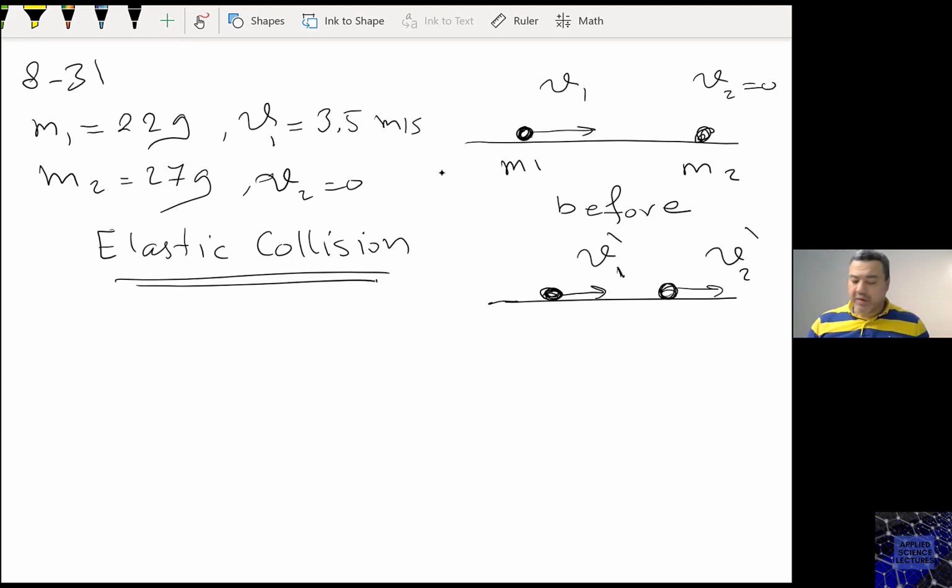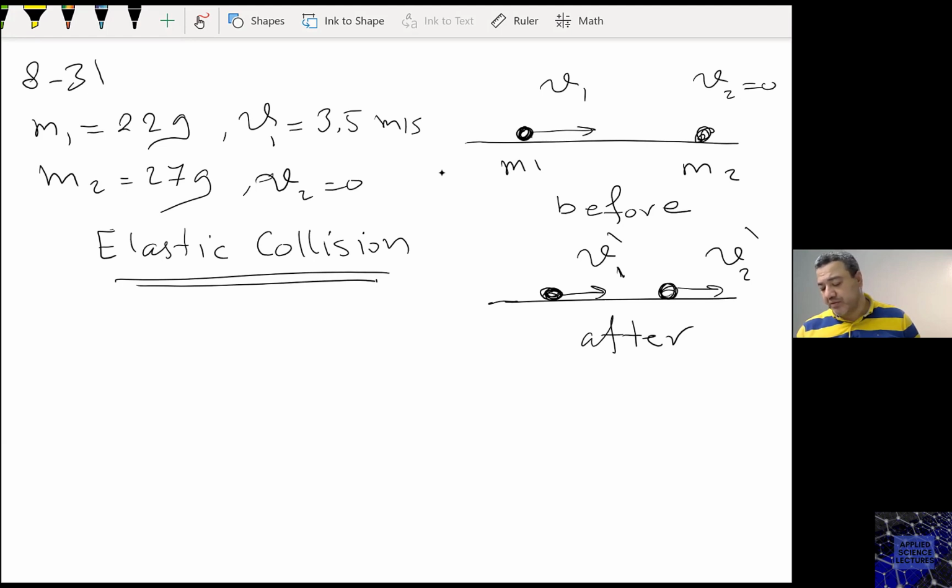And by the way, here the direction for the V1 prime and V2 prime, I am assuming them to be in this direction. I don't know the direction. Once I do any conservation of momentum, I will be dealing with vectors.